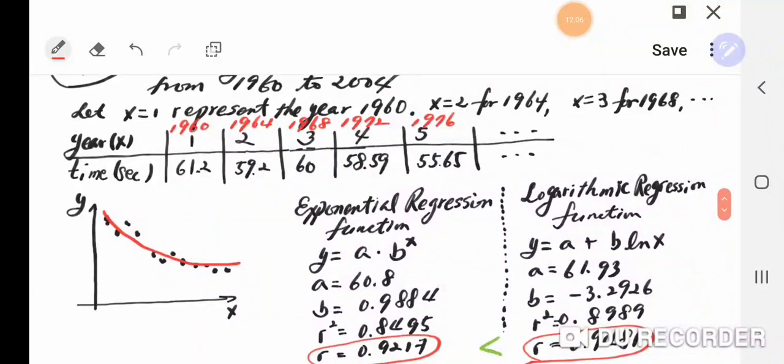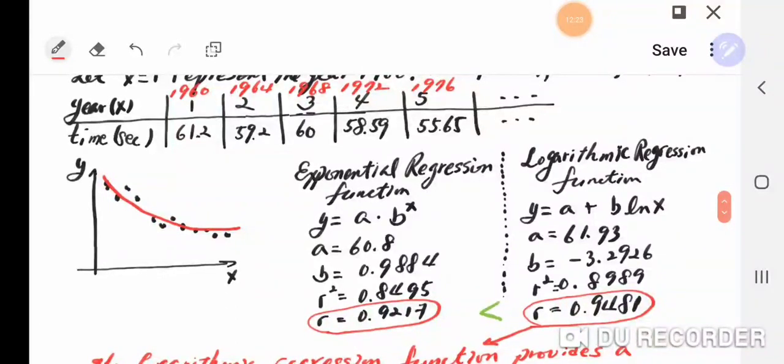Using a calculator, plot this data. Then it will give us the results. Look at the correlation coefficient, the value of r. The correlation coefficient in the logarithmic regression function is larger than in the exponential regression function.